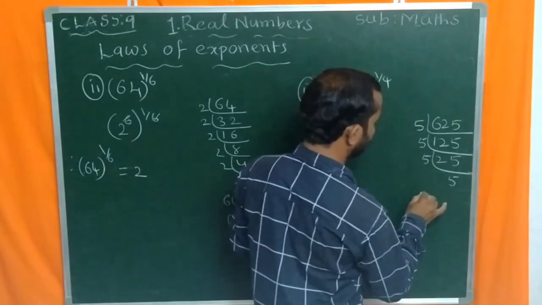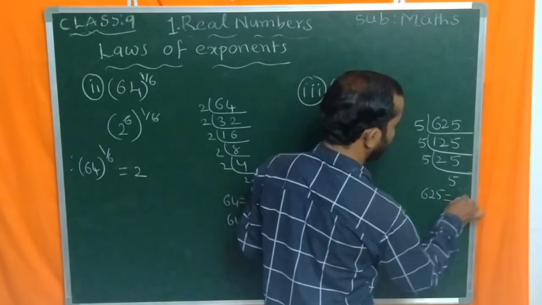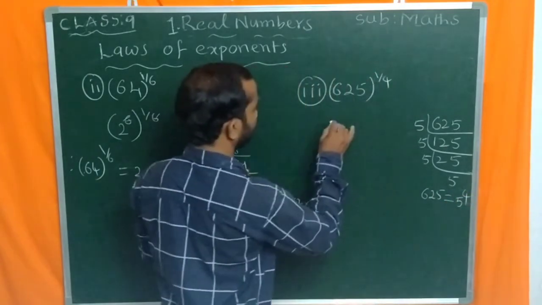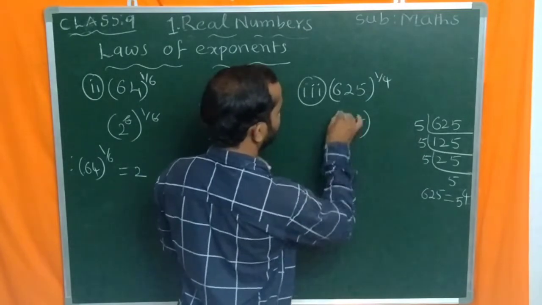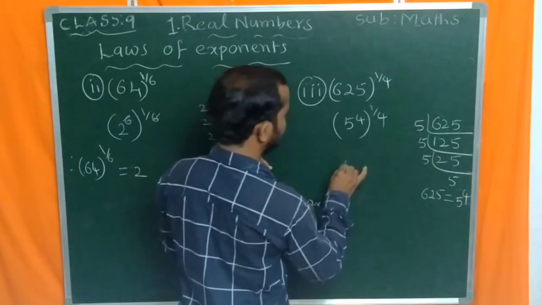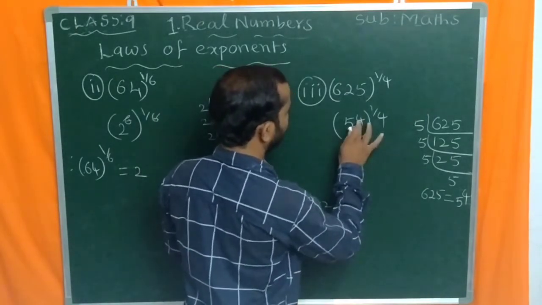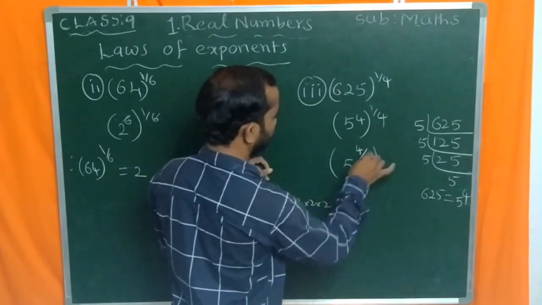So 625 can be written as 5 to the power of 4. Then 5 to the power of 4 whole to the power of 1 by 4 is 4 into 1 by 4. The 4s cancel.